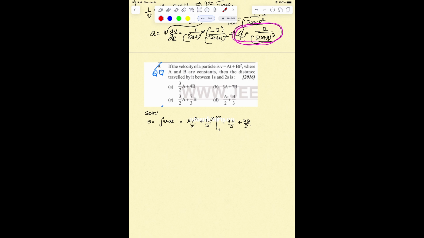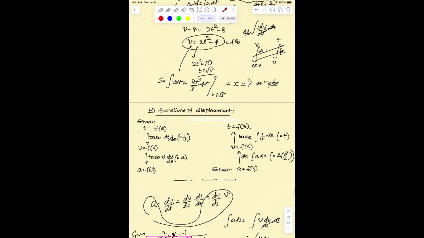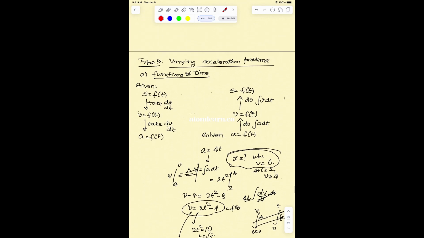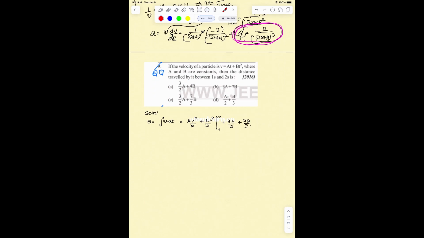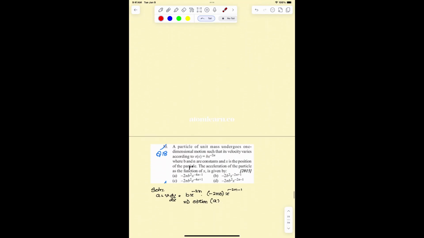Therefore it becomes our straightforward type of problem, which is type A, functions of time. What is the method? Because they are given v and they want displacement s, integrate to get the displacement and apply the limits of time from 1 to 2. Straightforward integration method. All of you know how to do this.